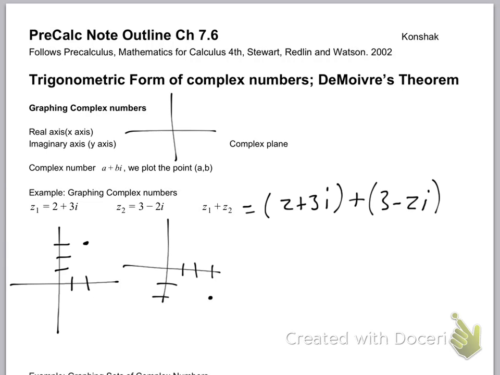Can't I just get rid of the parentheses and gather like terms? Yep. Add the real parts together, add the imaginary parts together. So this becomes 5 plus i. 1, 2, 3, 4, 5, 1. Boom. There you go. Easy enough. We're happy. Ready to move on.